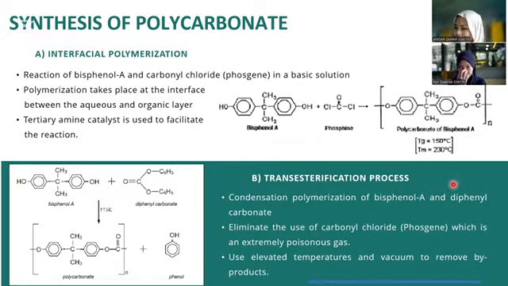So this process is slightly better than the interfacial polymerization process. This transesterification process uses elevated temperatures and vacuum to remove byproducts. This makes the reaction more efficient by continuously clearing out byproducts, helping to produce a purer polymer.